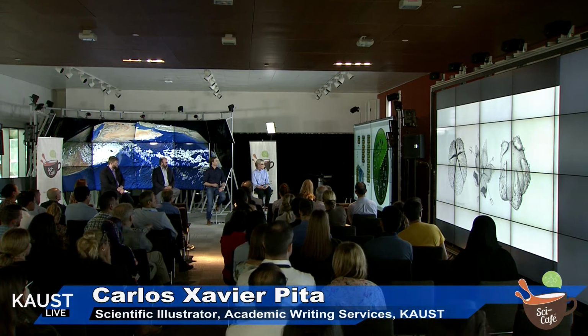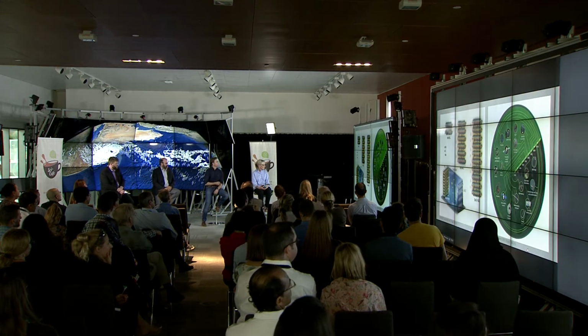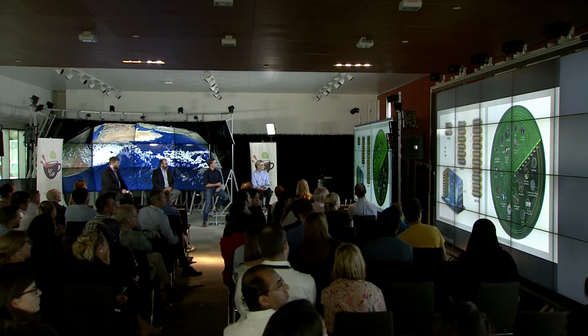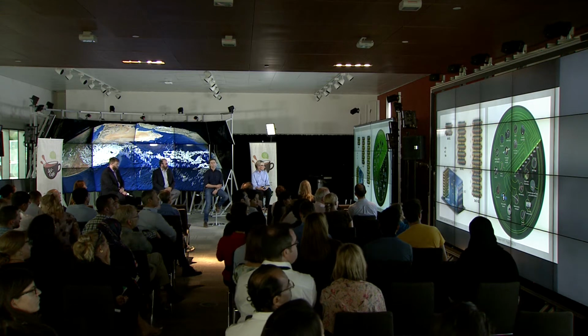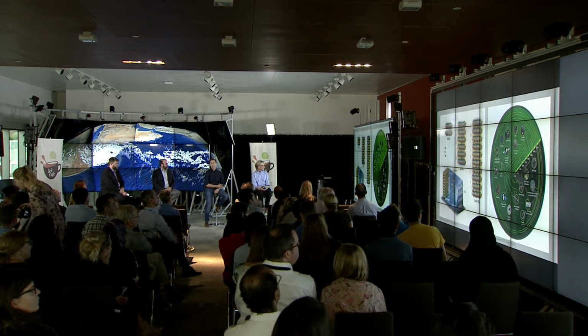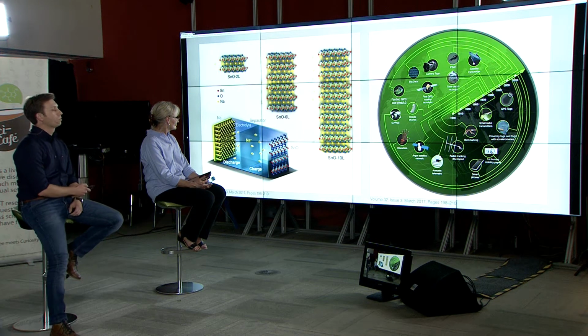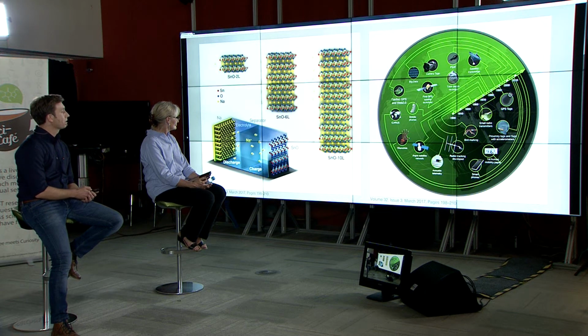So I want to start with showing you these two examples and show you how a scientific illustration here on the left can show you things that cannot be seen. So processes that happen at the atomic scale. And on the right, we have a very complex timeline, and with scientific illustration, we can distort time and arrange all of these elements in one image that gives an immediate reading.